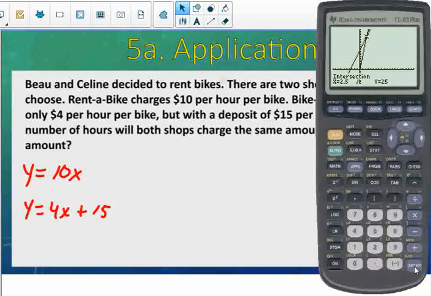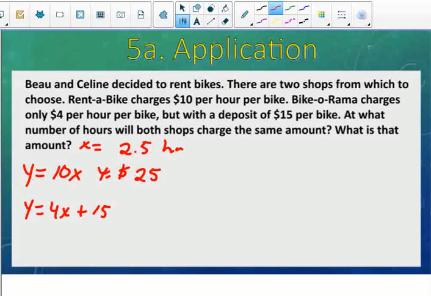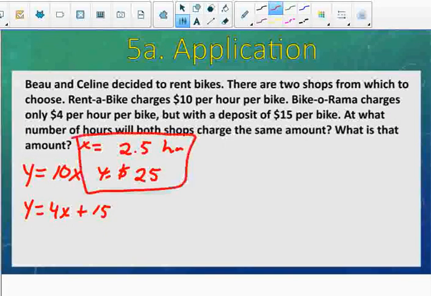What that means is after 2.5 hours, they both charge the same amount. And the amount that they charge is $25. So this is your x and this is your y. So at 2.5 hours, they both will charge the same amount, which is $25. So these would be your answer.